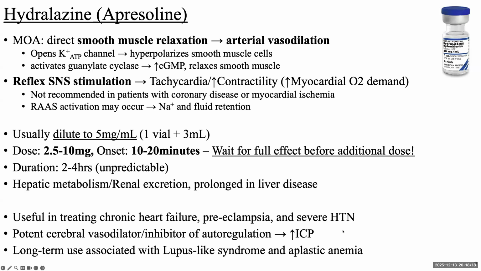And another thing is it's a potent cerebral vasodilator, and it inhibits cerebral autoregulation, which could lead to increases in your ICP. And long-term use of hydralazine, as a fun fact, has been associated with a lupus-like syndrome and aplastic anemia. So probably not recommended to be chronically on hydralazine.